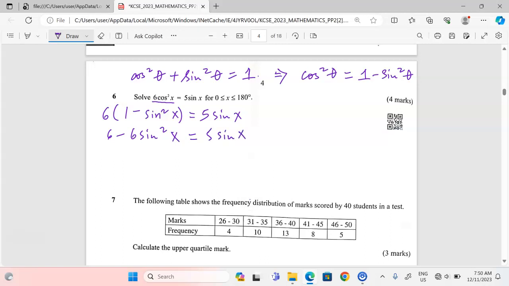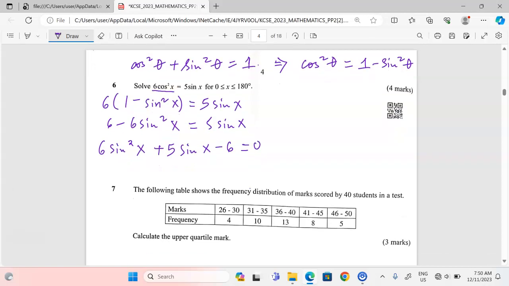So we can rearrange this equation until it takes a quadratic format. We can begin with the 6 sine squared of x. Then because we have taken 5 sine of x to the other side, we find plus 5 the sine of x. Then when we bring 6 to this other side, it gets subtracted. Therefore, sine squared of x, then sine of x, then the constant.